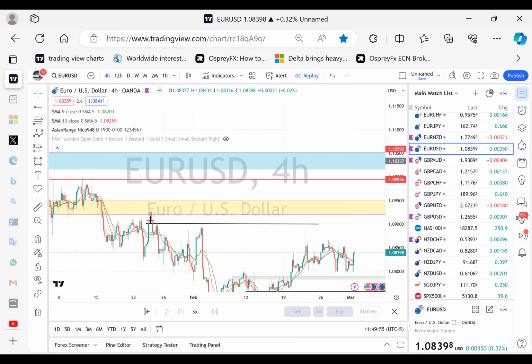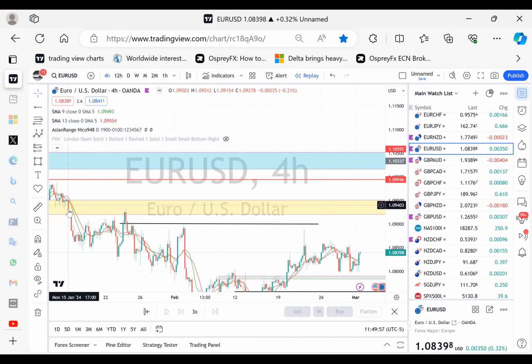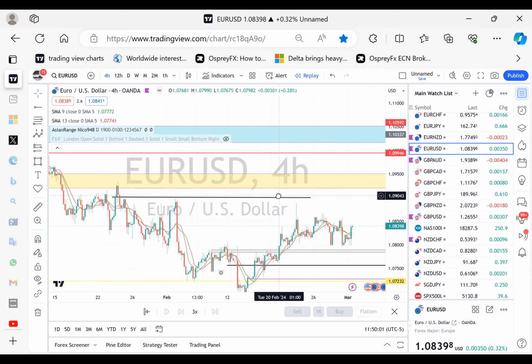If I look in this zone, I can already see imbalance in this candle right here, which makes perfect sense to me. I drew this line out a while back because this is relative equal highs. Generally speaking, in Forex, these levels don't last long.